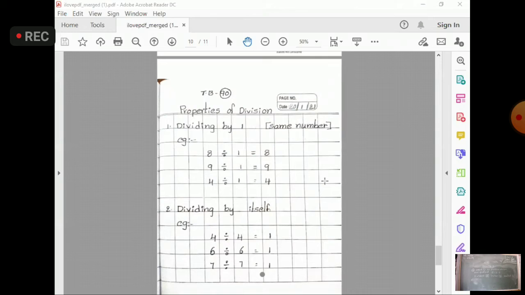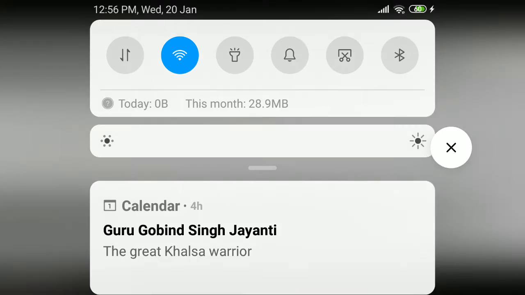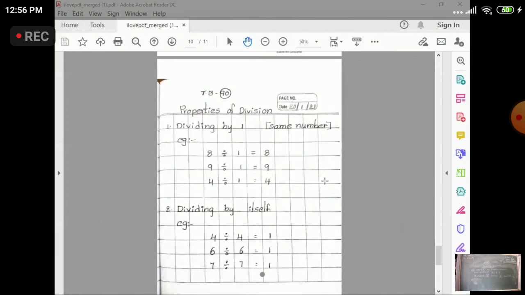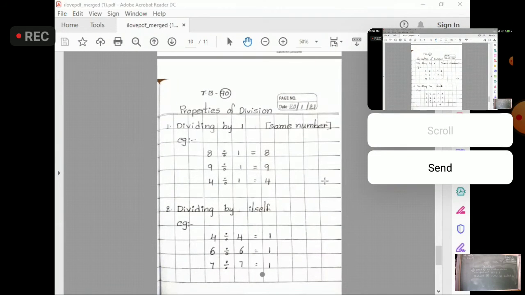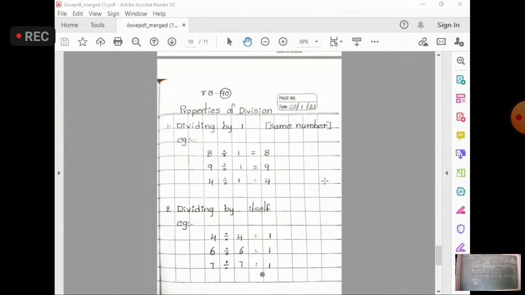Now second property, dividing by itself. Suppose if you get any doubt, in the textbook page number 90 is also there, you can check. In the notebook you have to copy, Nana.